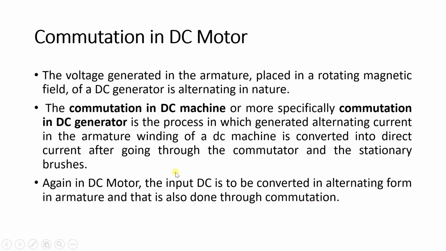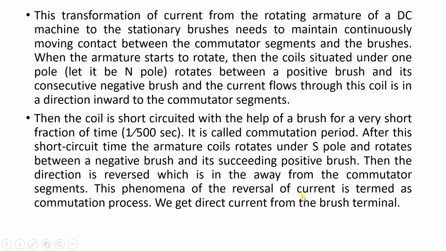So, in the DC motor, the input is DC, but the armature converts it into AC current, and the commutation function again converts it into DC. The transfer of current from the rotating armature of a DC machine to the stationary brushes needs to maintain continuously moving contact between the commutator segments and the brushes.